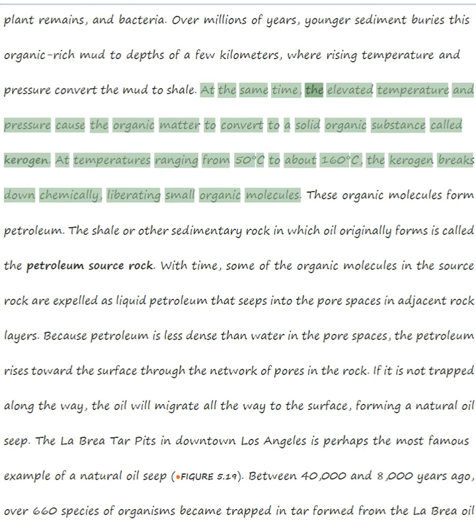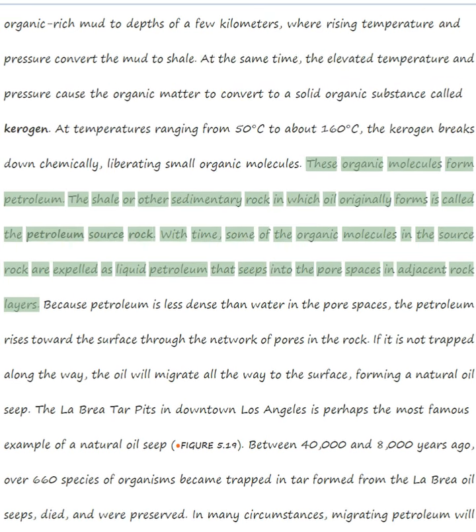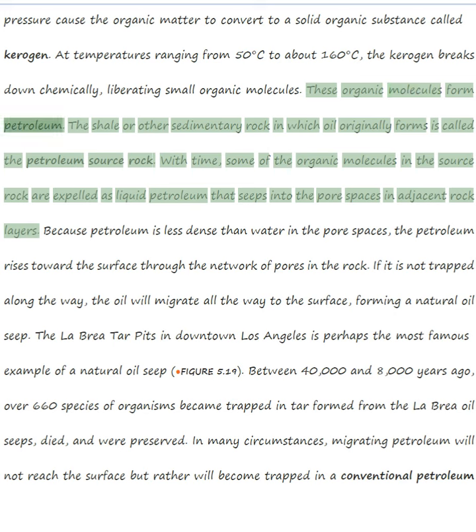At the same time, the elevated temperature and pressure cause the organic matter to convert to a solid organic substance called kerogen. At temperatures ranging from 50 degrees Celsius to about 160 degrees Celsius, the kerogen breaks down chemically, liberating small organic molecules. These organic molecules form petroleum.